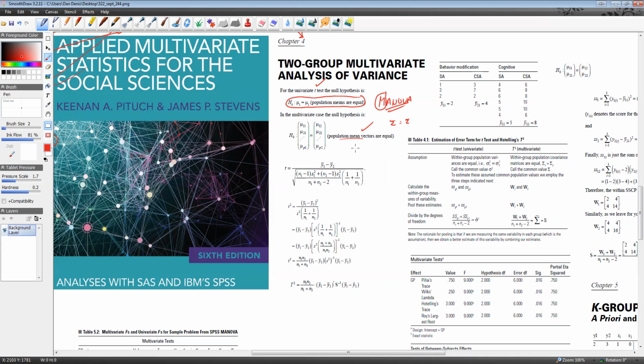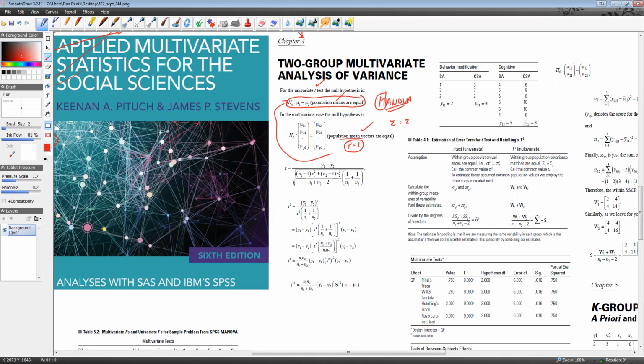Well, let's draw the analogy to what we just did in discrim. When we did the discriminant analysis for p equal to 1, that was analogous to univariate t, because we only had one predictor, so we were just dealing with population means. We pointed that out before the break.